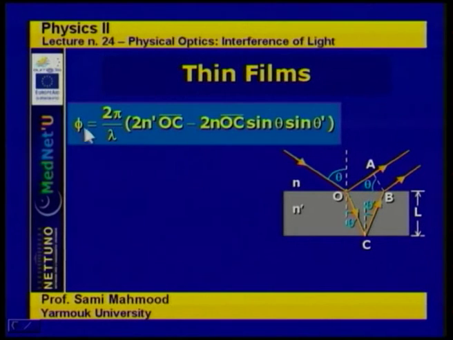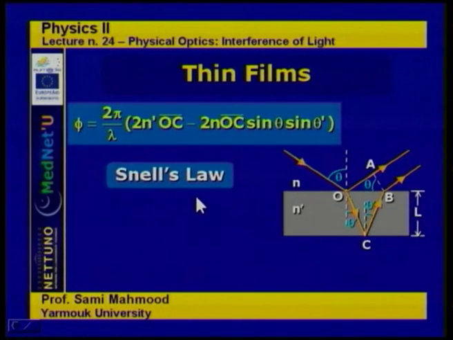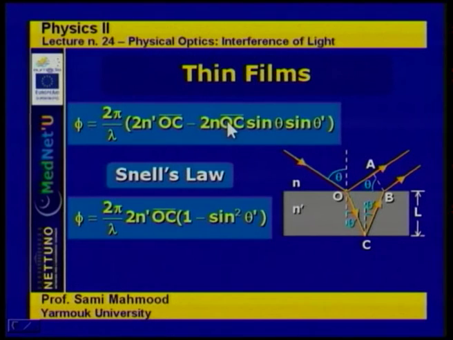And thus this reads like this: phi is equal to 2 pi over lambda times 2n prime OC plus 2n OC times sine theta prime, where here we converted OA in terms of OC and sine theta prime and sine theta by simple geometry. And we use Snell's law, where n sine theta is equal to n prime sine theta prime, so we will have n prime in both terms, and we will have 1 minus sine squared theta prime times OC.